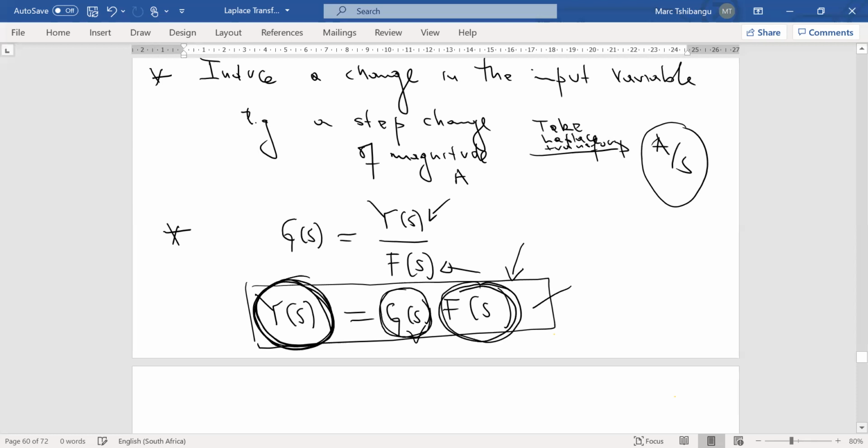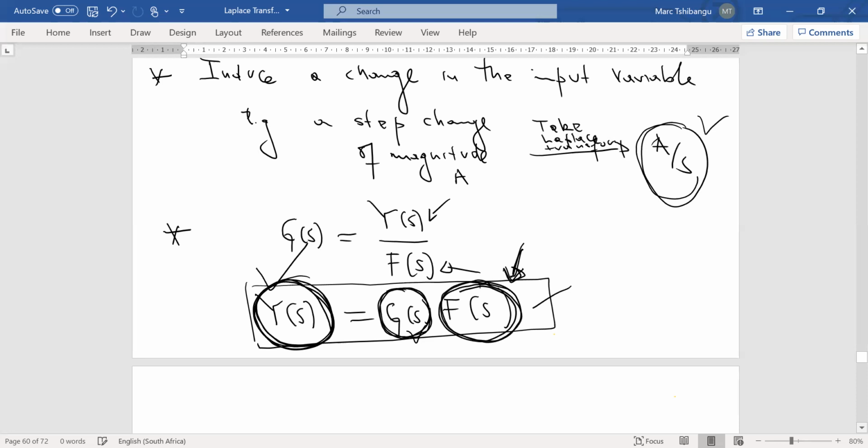So if you induce a step change of magnitude A, because we are in the S domain, we need to take the Laplace transform and have it as A over S. So if we induce a step change in the input variable, knowing the transfer function of our process, we will be able to see what the output variable will be.